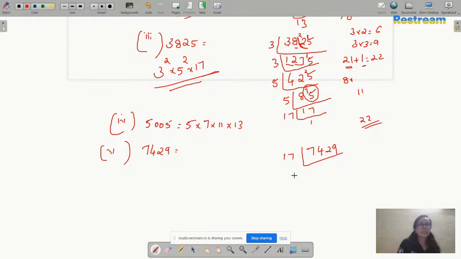But this question I'll tell you, 17, 74. How many times does the 17 go on 74? You tell me. 17, actually it is 4 times, right? 4 times. So 17 fours are 68. Then 74 minus 68. What will you get?